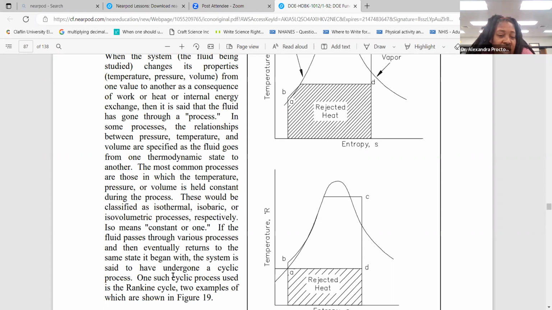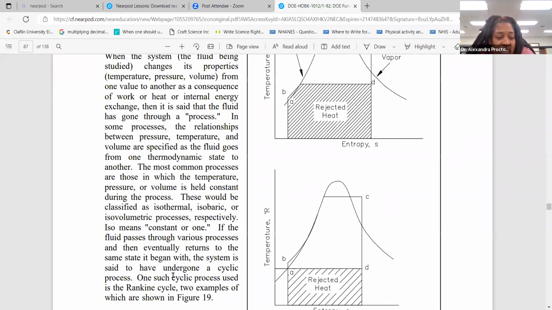So iso means constant or one. Usually when I used to do problems, they would definitely put this in the line for the problem, so we would know exactly what we were holding constant, and that made the problems just so much easier.